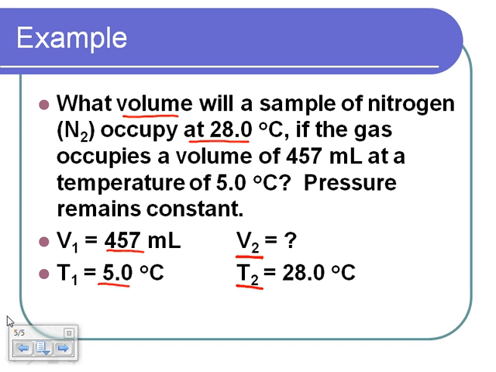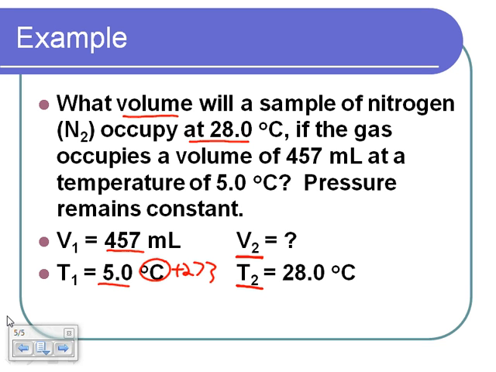The first thing we have to do is note that we are in Celsius. We need to convert all these into Kelvin. The way to do that is to add 273, and that will give us our Kelvin temperature.